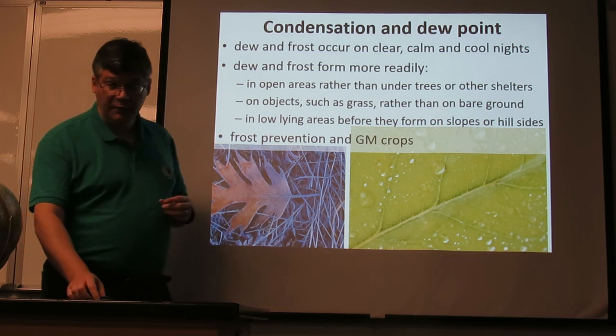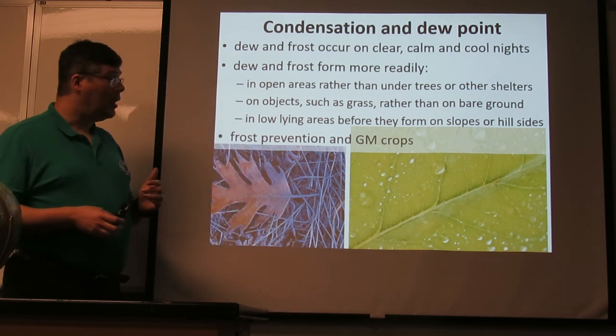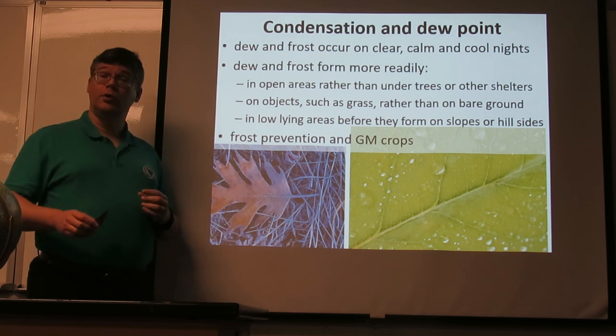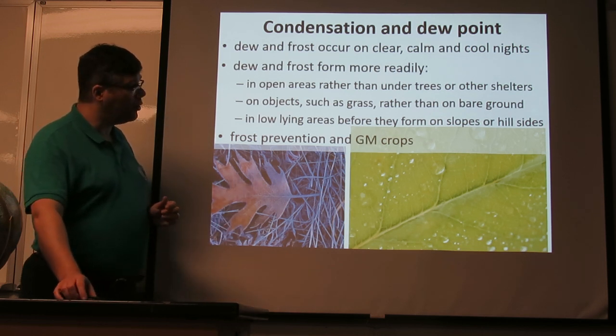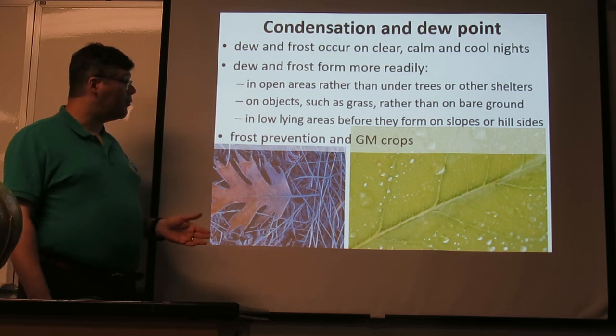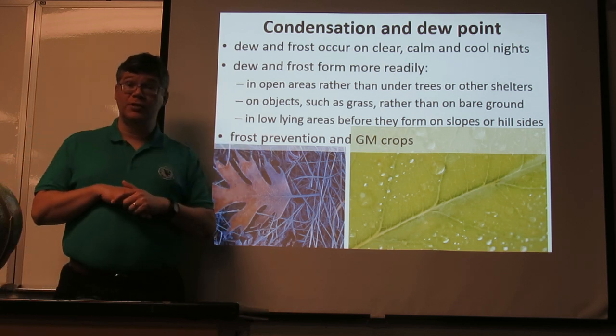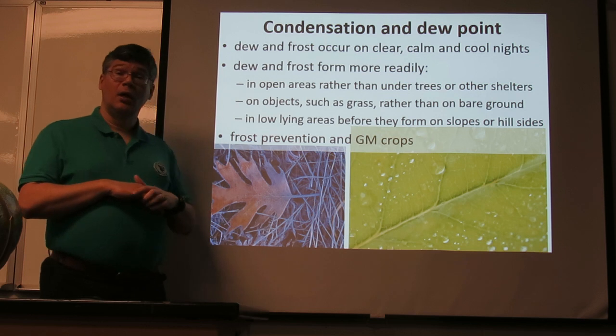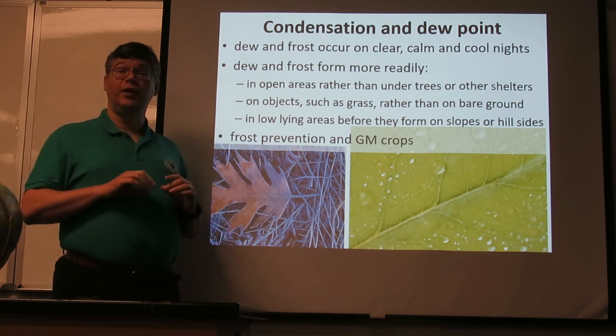If you don't happen to live in the isothermal region though, but you want to try to not have frost on your crops, there are some other possible approaches. For example, some approaches to genetic modification are changing the surface of a leaf.